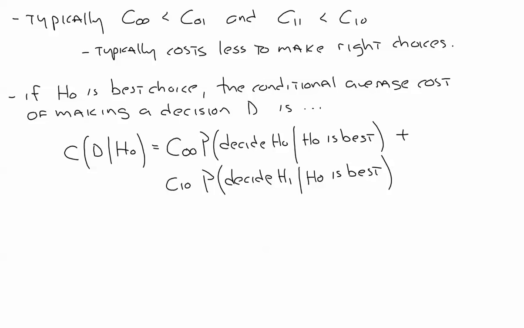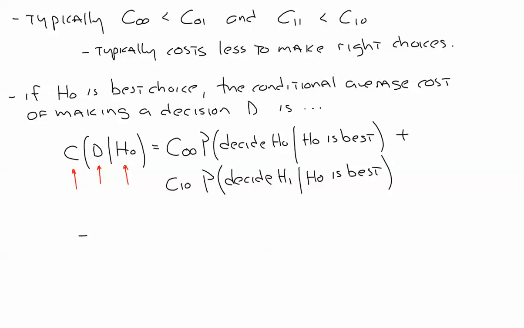All right. The cost of making a decision given that H sub 0 is the best alternative is C sub 0,0 times the probability that we actually decide to pursue alternative H sub 0 if H sub 0 is the best, plus C sub 1,0 times the probability that we decide to pursue alternative H sub 1 given that H sub 0 is best. Now, if you take a careful look at this, you're going to say that this looks a whole lot like total probability.